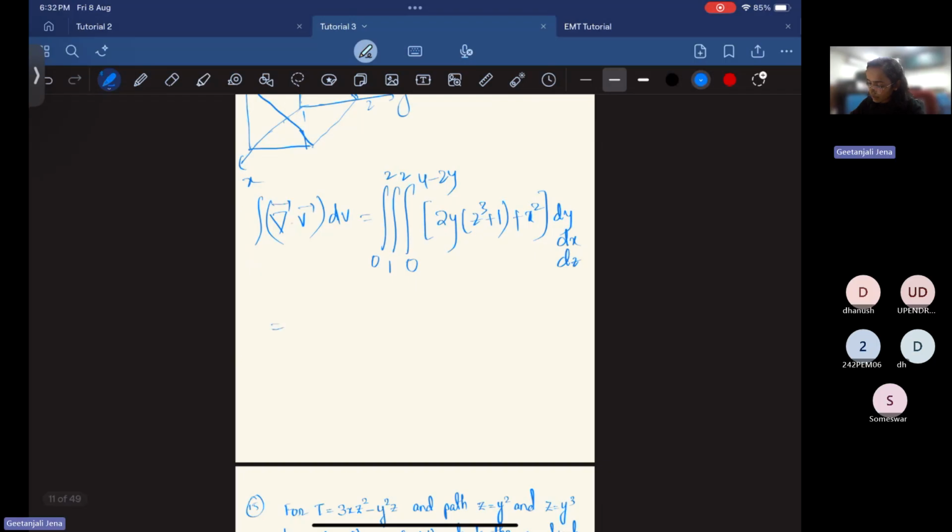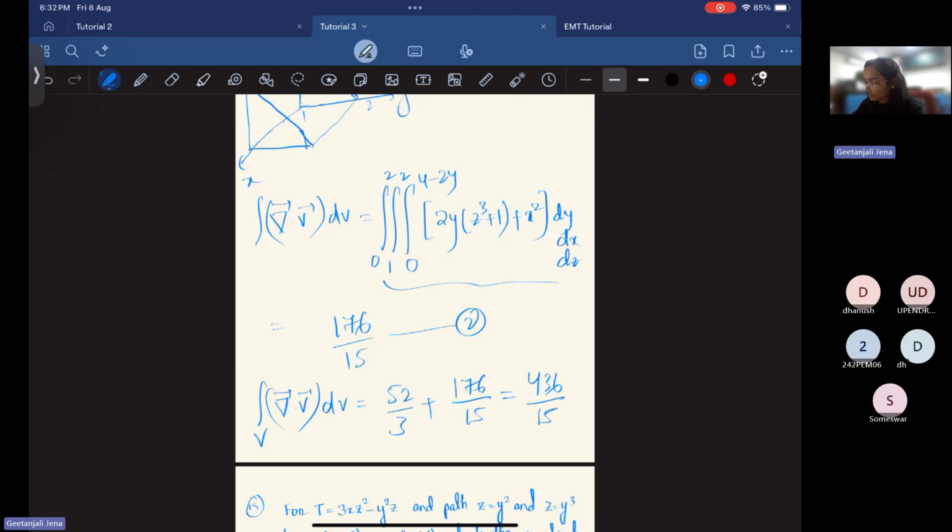So just put the limits, this will give 176 by 15. So that means the integral of divergence of V dV is 52 by 3 plus 176 by 15. This will come around 436 by 50.